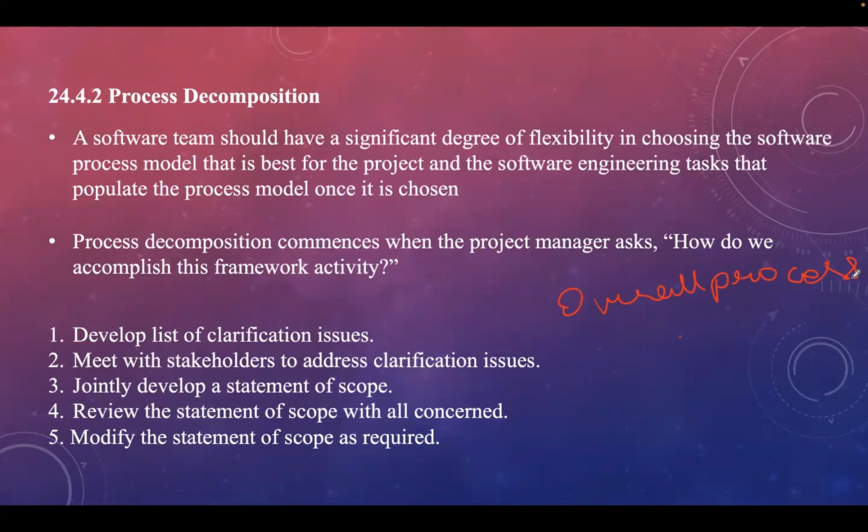Then second task is to identify major activities. So here we need to break the overall process into major activities within the SDLC phase. So what are they? Requirement gathering, design, implementation, testing, deployment, maintenance. All of them can be considered in this phase.